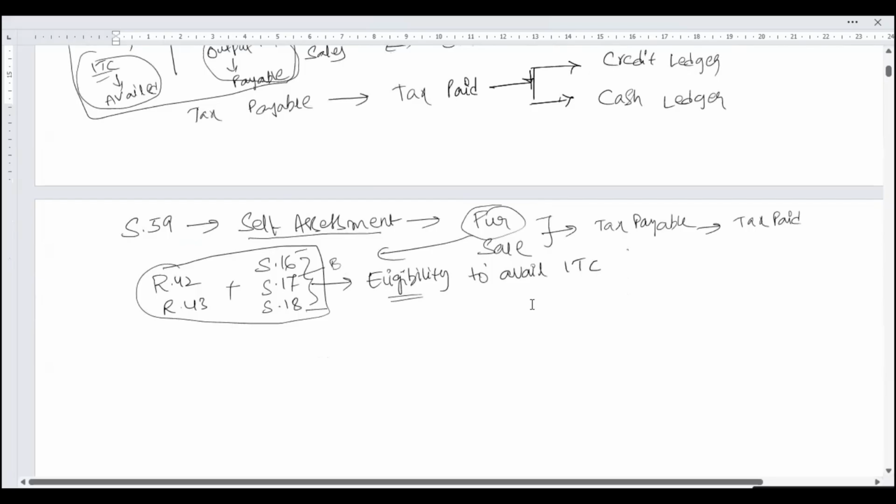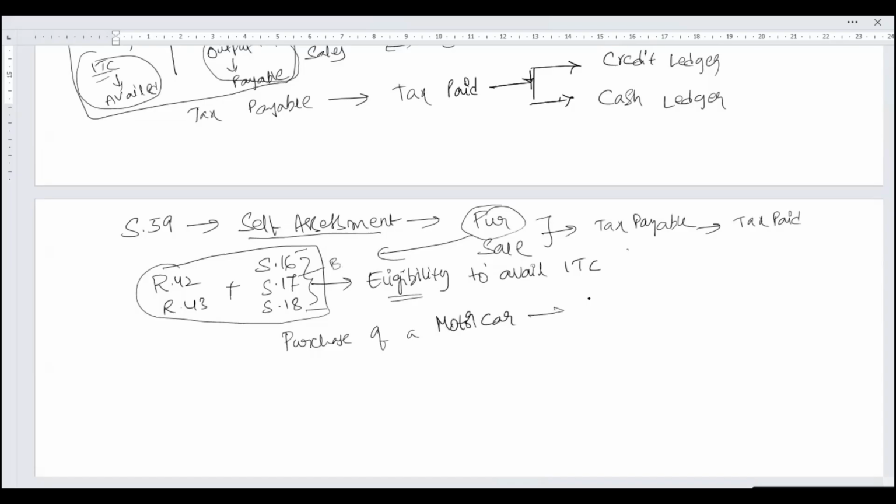Now, one simple example before we go further. Let's take one example saying that, say there is a purchase of a motor car. This motor car has a seating capacity of, say, less than 13. Now, when we look at this motor car, we have Section 17, which talks about block credit.